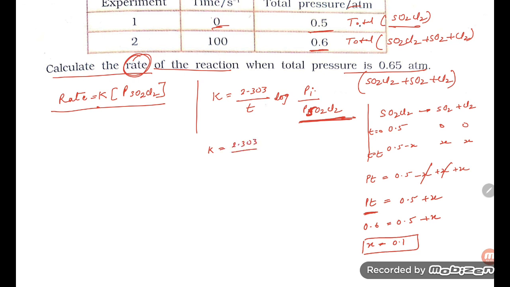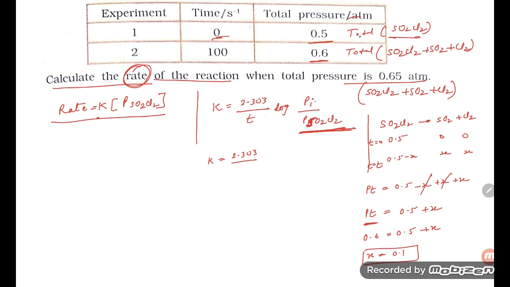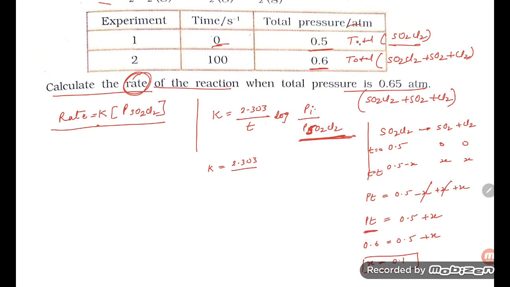Students, let's go a little bit deeper. 2.303 over t, where the t values are 0 and 100, so here it will be 100, log of P initial, how much? 0.5. P final, what is there? P final of SO2Cl2, how much is there? This is the data we can use, students, at t equal to t: 0.5 minus x, with x value 0.1.